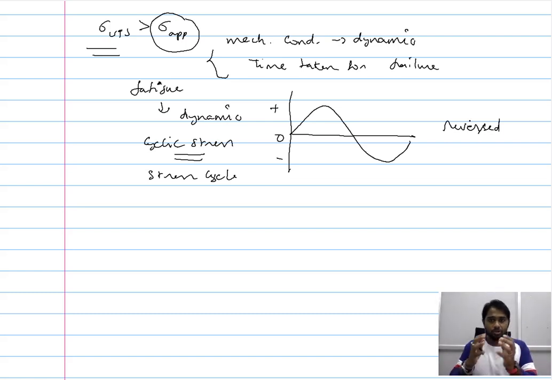So in order to impose a dynamic mechanical condition that varies with time, one of the simplest ways of doing it is the combination of tensile and compressive stress, and this is cyclic in nature, it is periodic, and this is referred to as the reversed stress cycle. So the mechanical condition that you impose needs to be dynamic, and the simplest condition is the reversed stress cycle, wherein you have equal magnitudes of tensile and compressive loading.